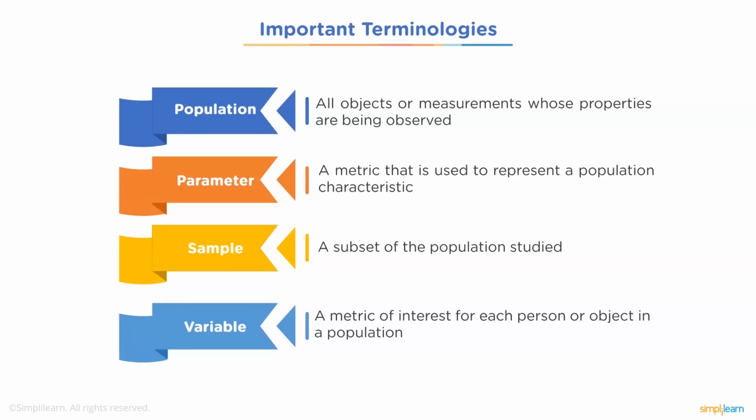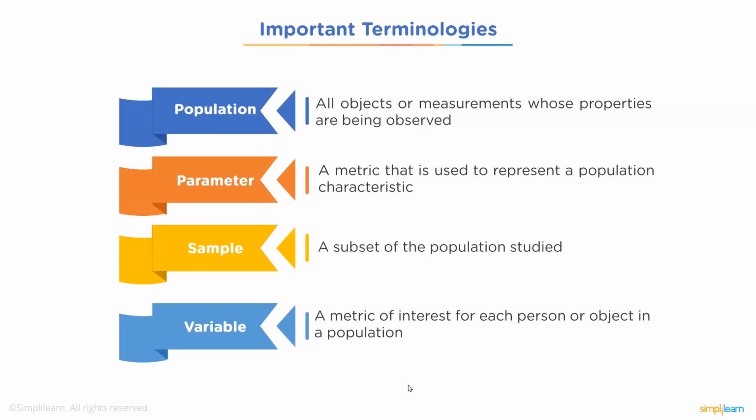So population: all objects or measurements whose properties are being observed. That's your population, all the objects. It's easy to see it with people because we have our population at large. But in the case of the sewer fans, we're talking about the fan units. That's the population of fans that we're working with. You have a parameter, a metric that is used to represent a population or characteristic.